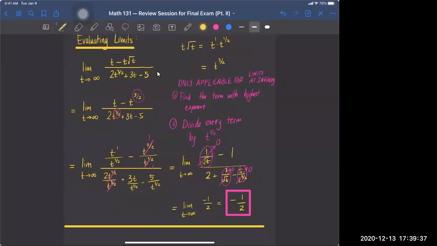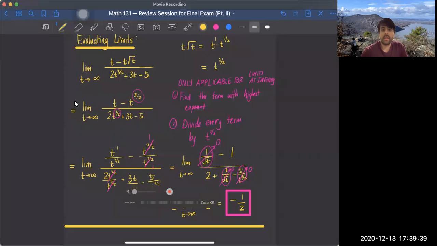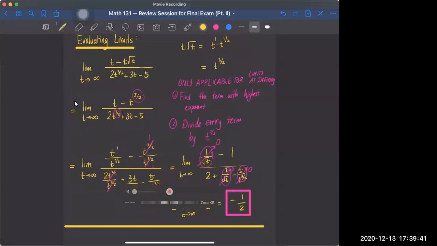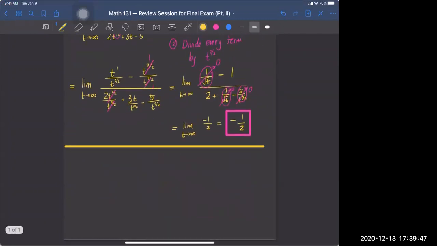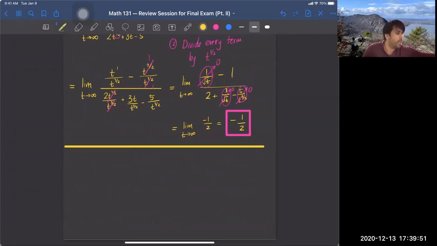Ready for another one. For second derivative test, relative maxima and minima. Question number 3, on the review sheet?